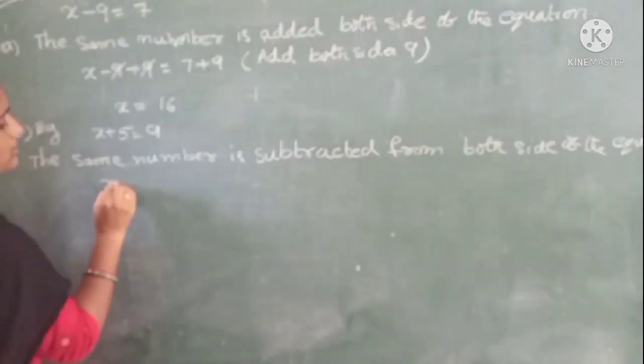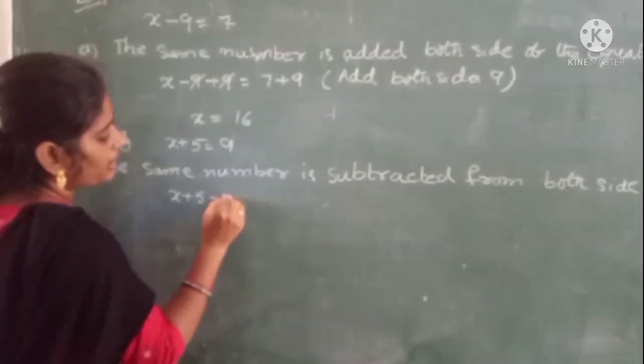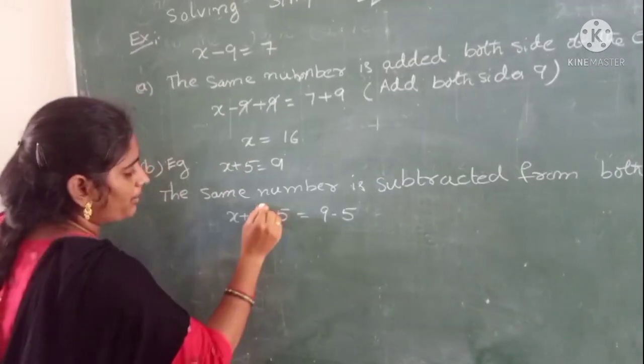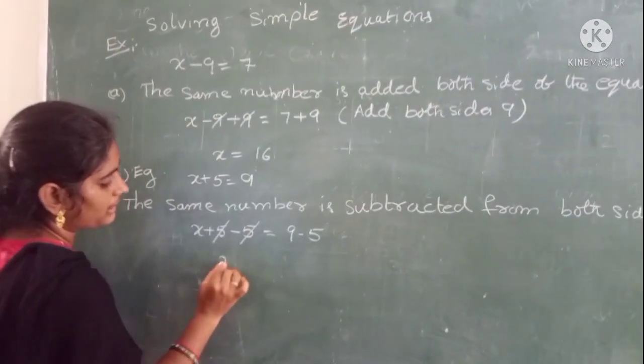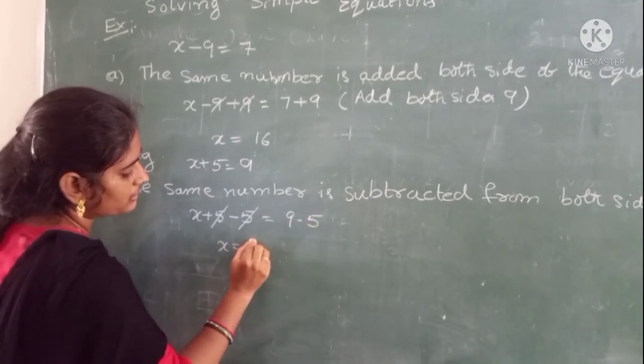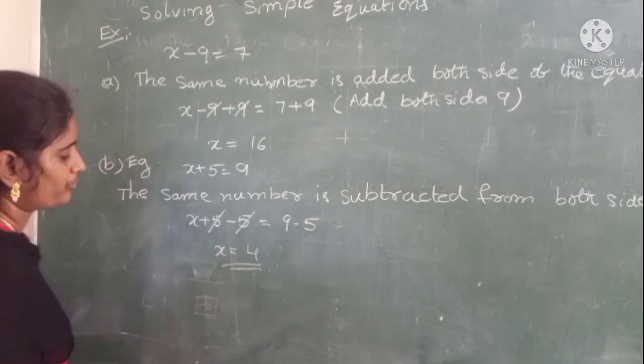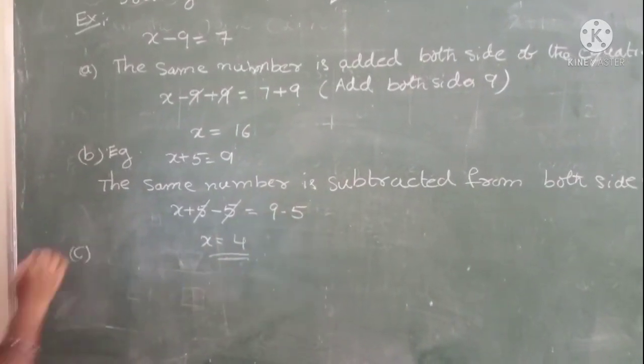So x plus 5 minus 5 equals 9 minus 5. Plus 5 minus 5 cancels. x is equal to 9 minus 5, that means 4. x equals 4. This is the solution.